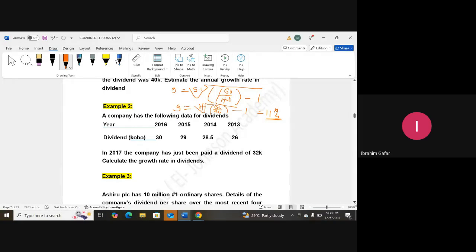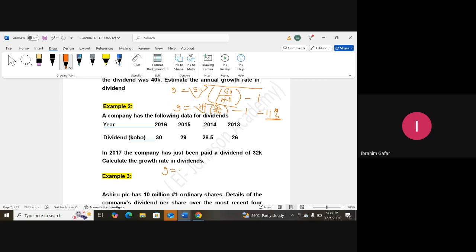This is the historical data for dividend. And we have dividend 30 kobo, 29, 28.5, 26. And in 2017, the company has just been paid a dividend of 32 kobo. Calculate the growth rate in dividend. So let's write the formula together.